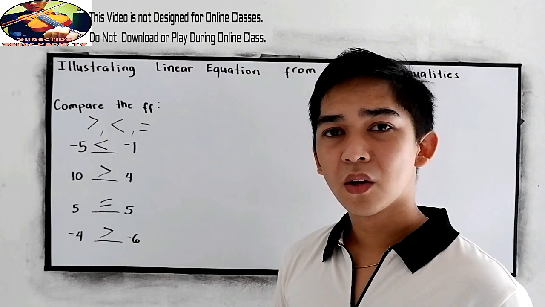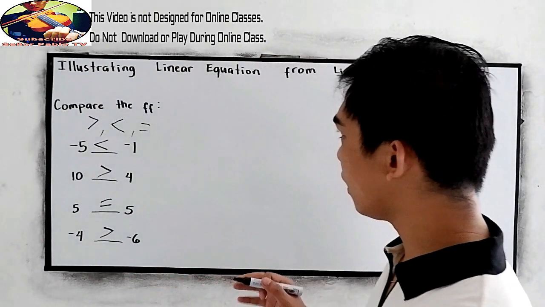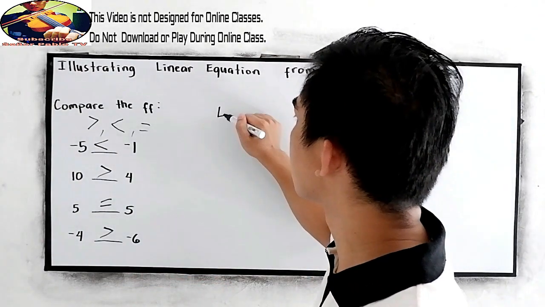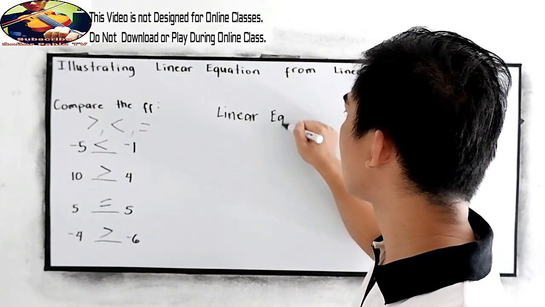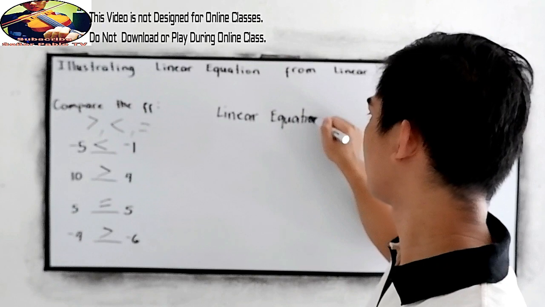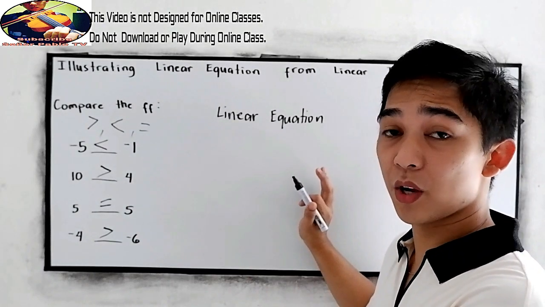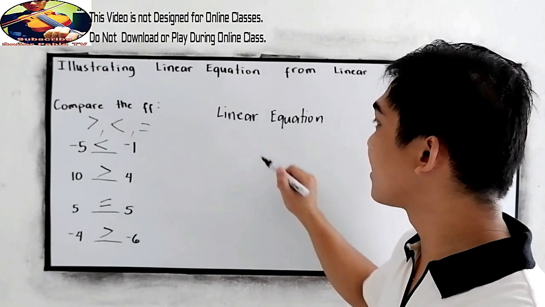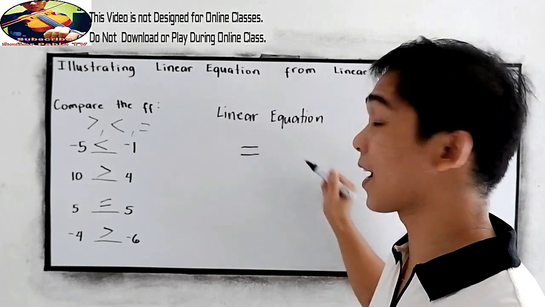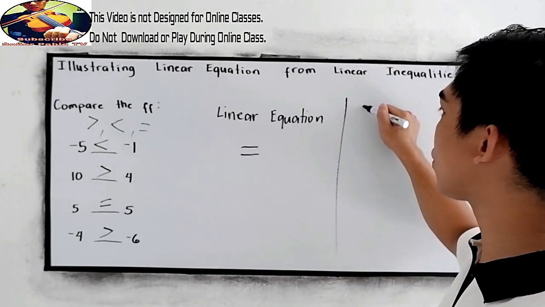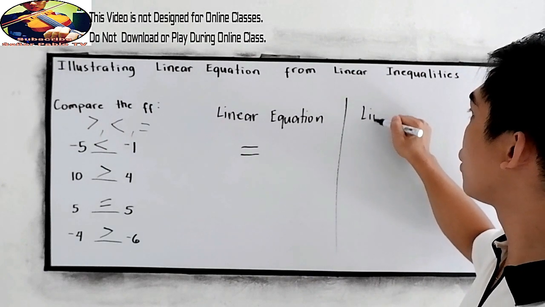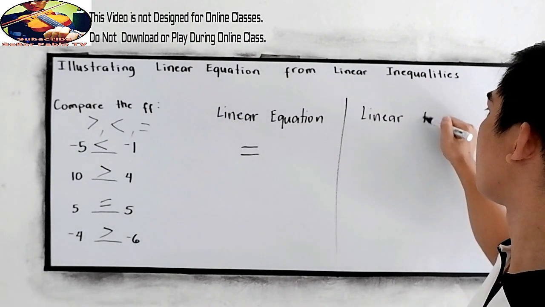Now, we're going to get the symbols in our linear equation. In our linear equation, we're just going to use the equal sign. While in inequalities, you will encounter the following symbols.